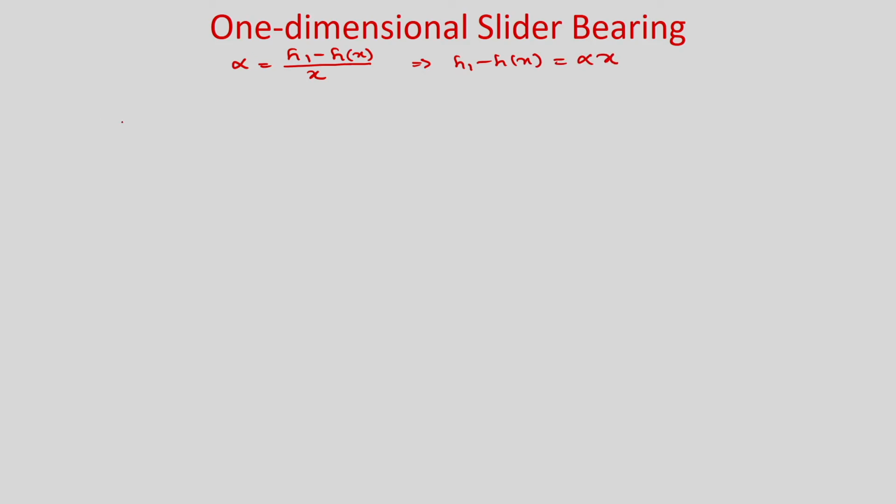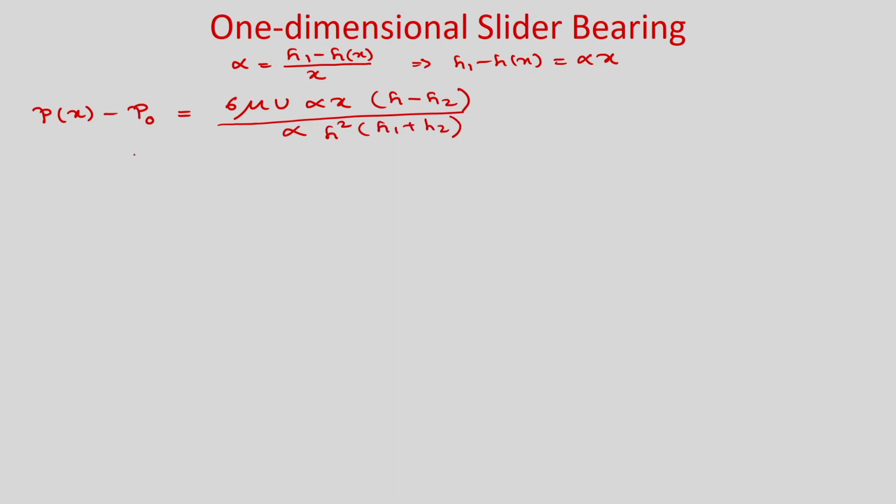So, now you can write P x minus P naught is equal to 6 mu u, and if you take H1 minus H common, and put alpha into x, we will have H minus H2 divided by alpha and H square into H1 plus H2.